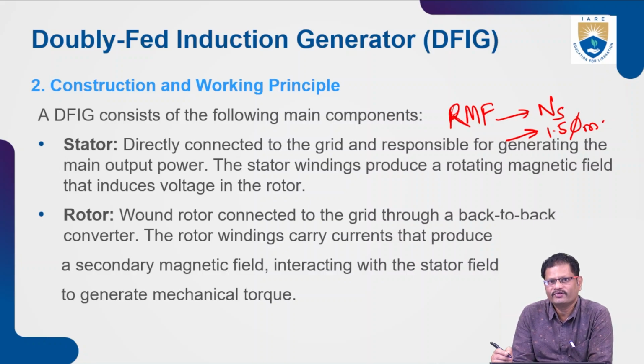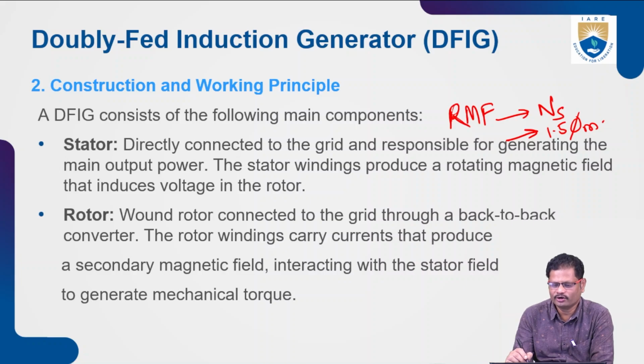This rotating magnetic field causes a voltage or EMF to be induced in the rotor according to the mutual induction principle. It is also like a rotating transformer, where the stator and rotor act as primary and secondary. But the main difference is we give a three-phase AC supply to the stator winding and also to the rotor winding.